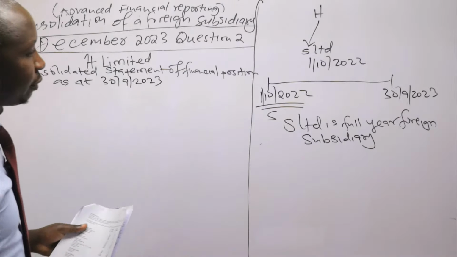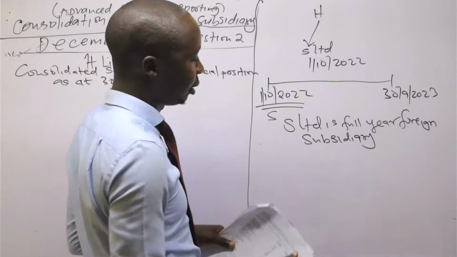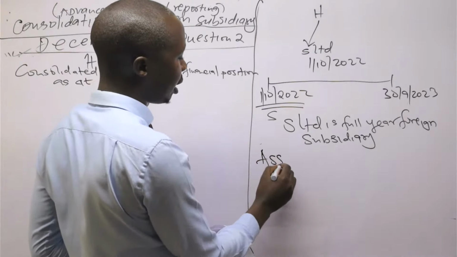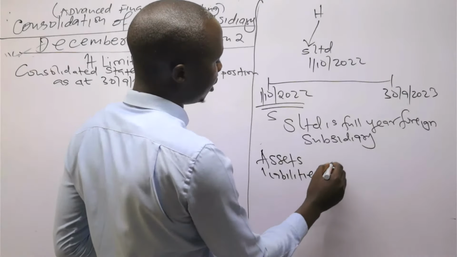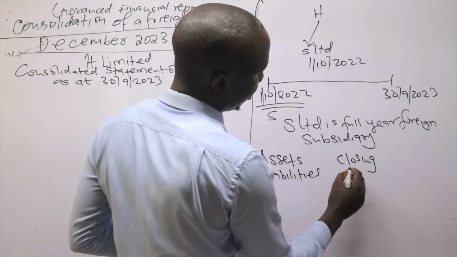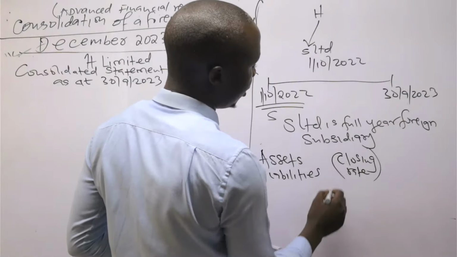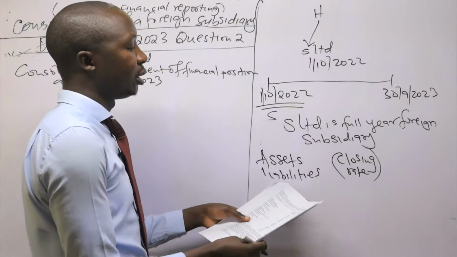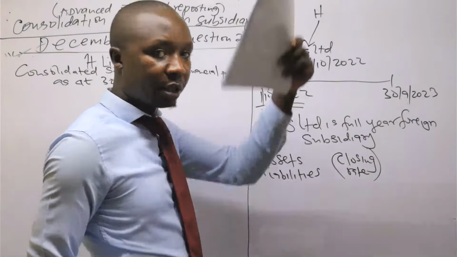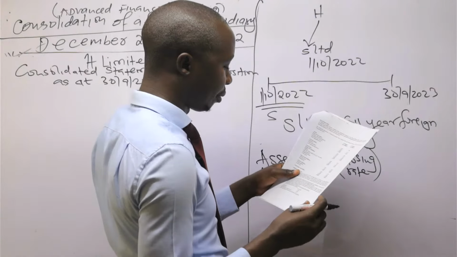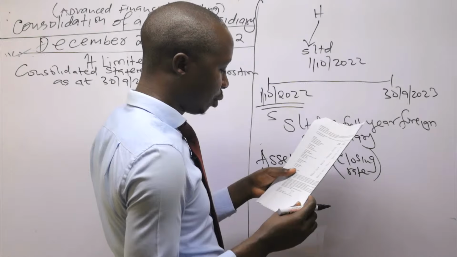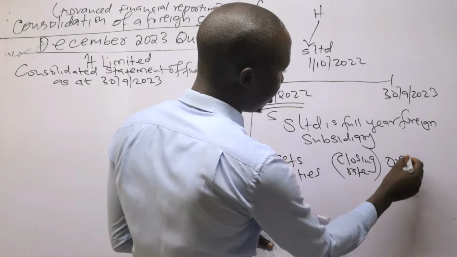You need to be careful when consolidating these items. When consolidating assets and liabilities, use which rate? The closing rate. And the assets and liabilities we are translating are those of the foreign subsidiary. Our closing rate in this question is 0.8.